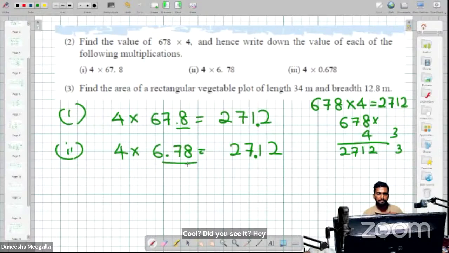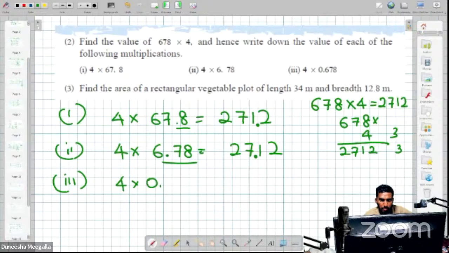Did you see it? Did you understand? Yes, sir. Third one, 4 multiplied by 0.678. 2712.